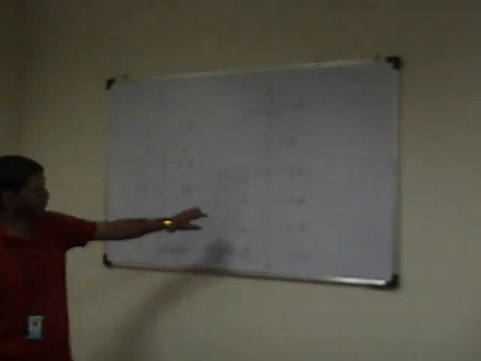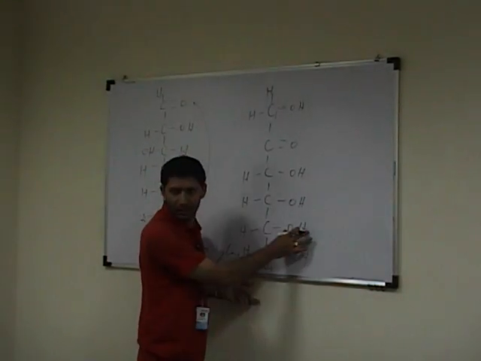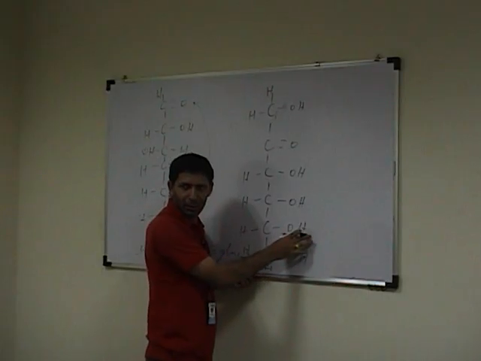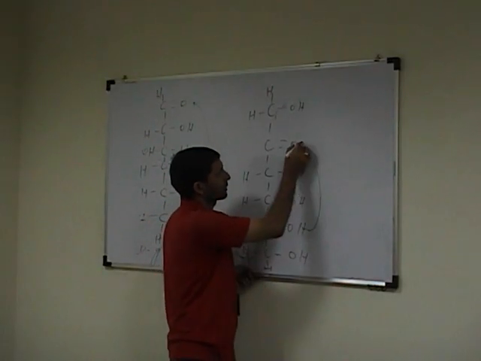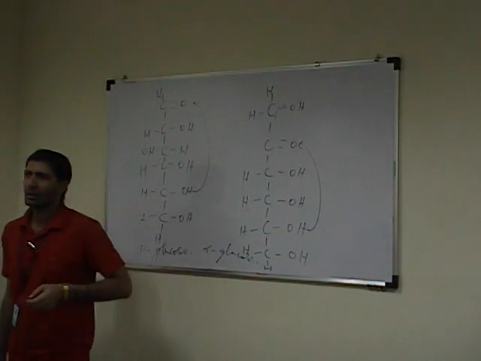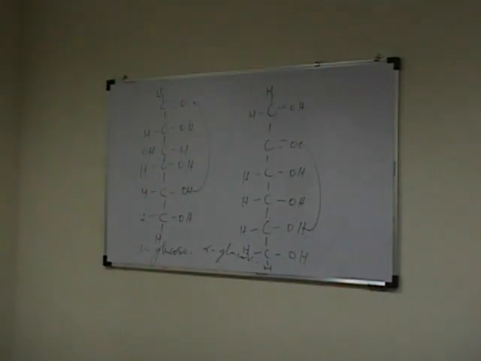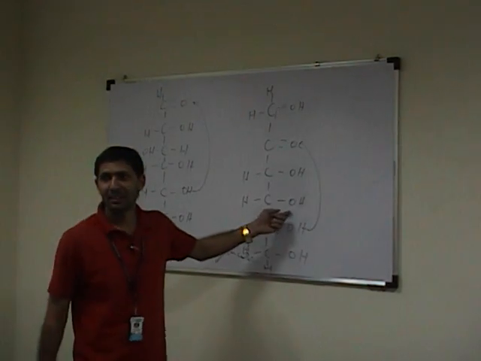In the case of fructose, the hydroxyl group at the fifth position reacts with the ketone functional group, and here there is formation of hemiketal.